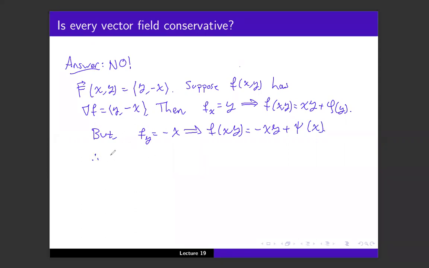That tells you that xy plus phi(y), which again is only a function of y, is equal to negative xy plus psi(x). Or to put this another way, psi(x), which again is only a function of x, it can only depend on x, is equal to 2xy plus phi(y).